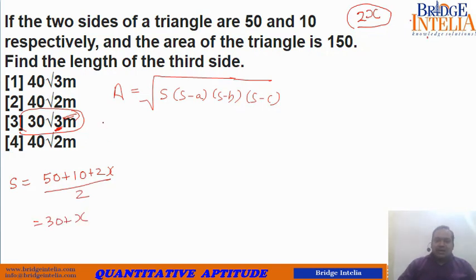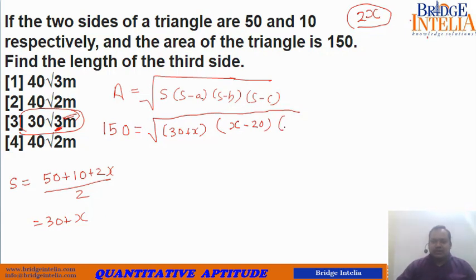Now the area, which is given to be 150, so 150 must be equal to, now you apply Heron's formula and see what happens. Under root of s into s minus a. So 30 plus x minus 50 is equal to how much? This is x minus 20. Now s minus b, that means 30 plus x minus 10, comes out to be 20 plus x.